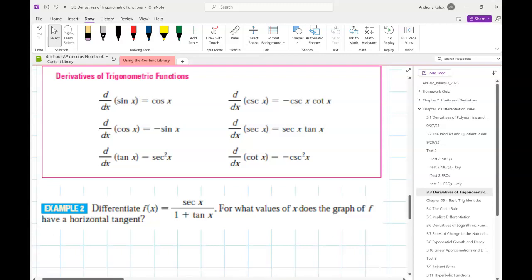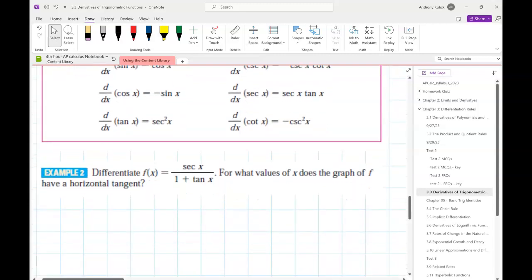All right, let's do another example here. So this says f of x equals secant x over 1 plus tan x. It asks us to differentiate this and then find the values of x where the graph of f of x has a horizontal tangent. So to differentiate this, what am I going to have to use?